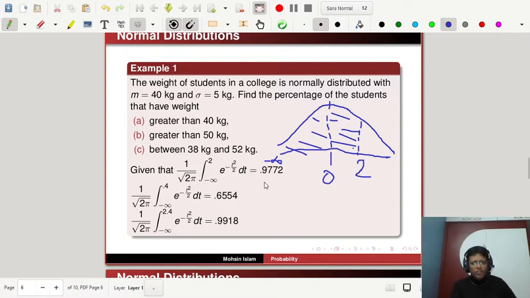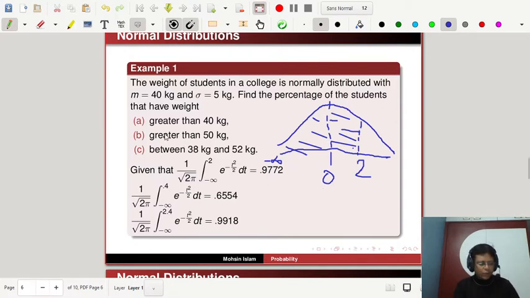Okay, this region is given by 0.9772. And similarly, minus infinity to 0.4, this region is given by 0.6554. And also minus infinity to 2.4, the region is 0.9918. So this is the meaning of that: starting from minus infinity to the left of the ordinate at x equal to 2, the probability is 0.9772, or the area of the region is 0.9772.